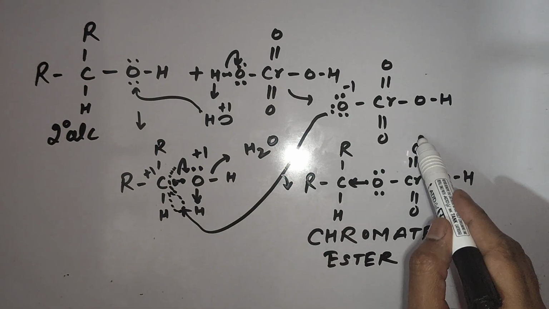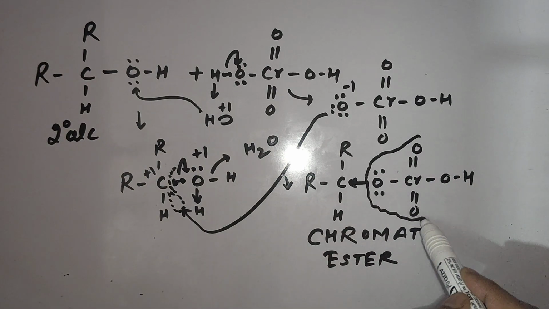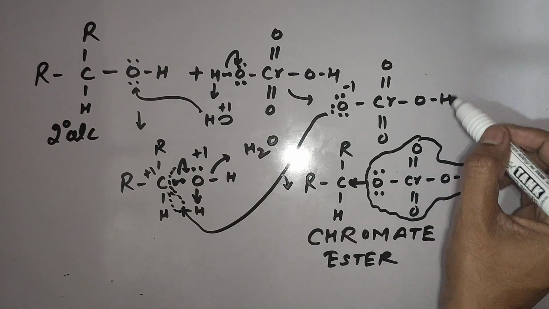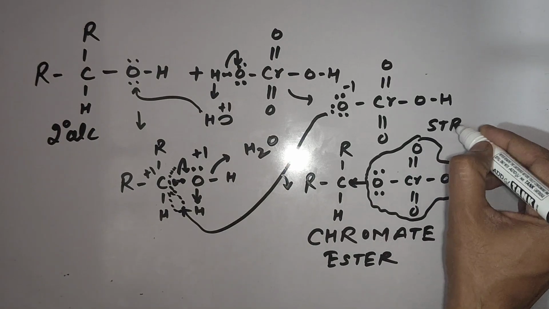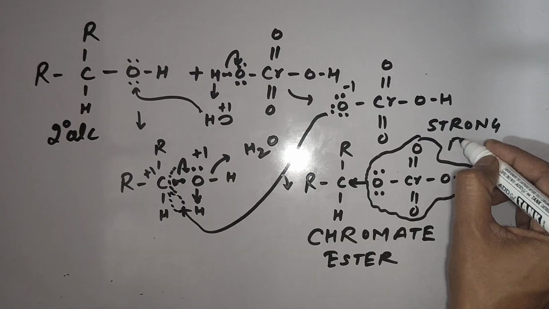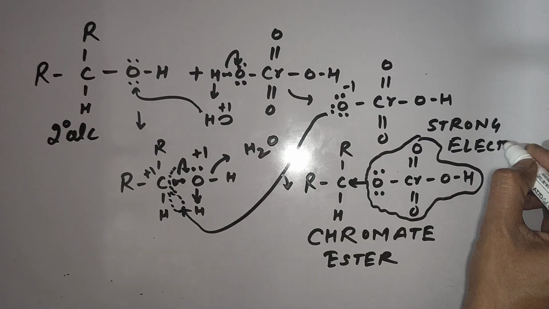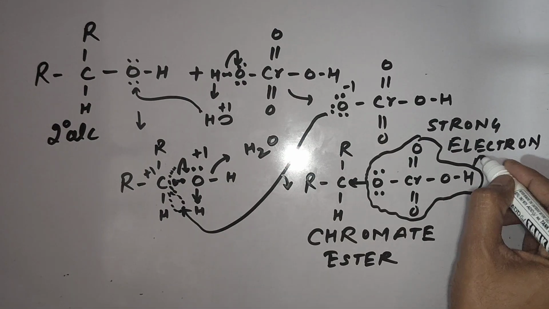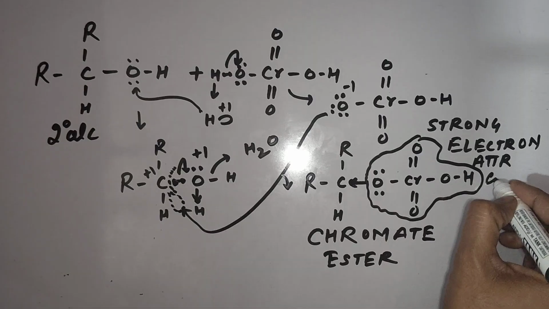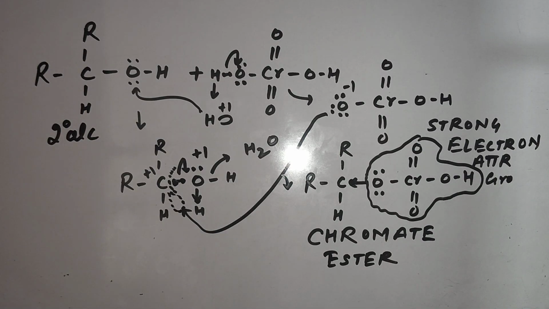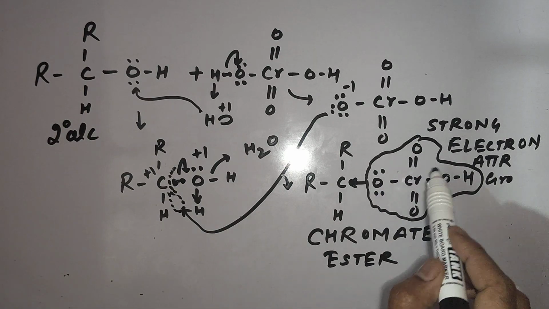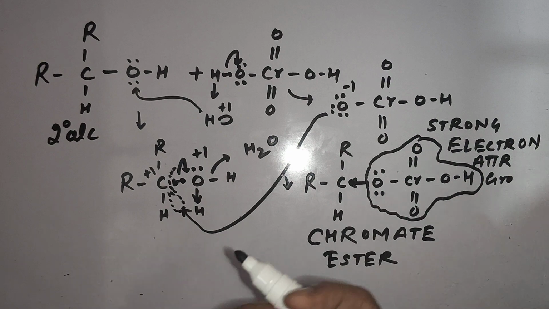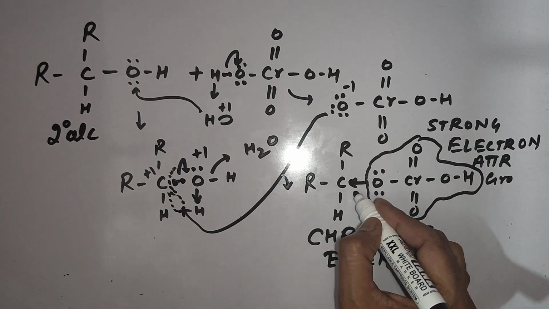In chromate ester, this part is a strong electron attracting group. Why is it a strong electron attracting group? Because a lot of oxygens are available, and we know oxygens are highly electronegative atoms. So what is happening?